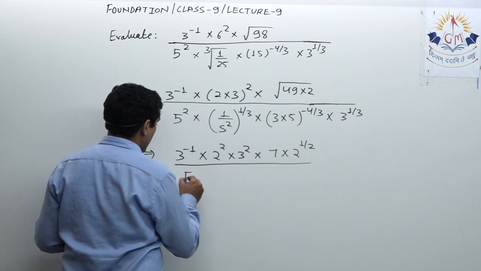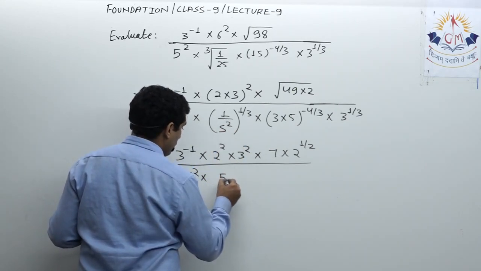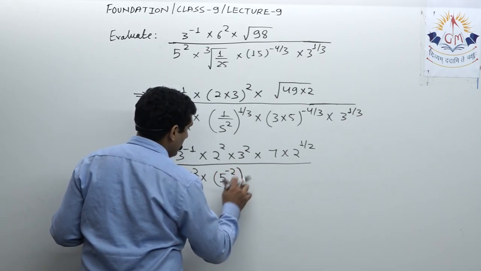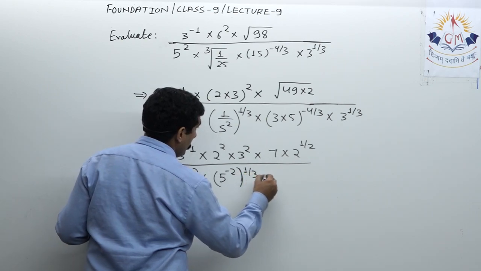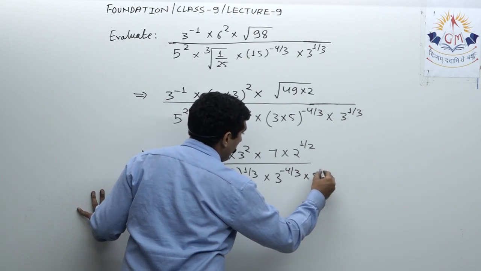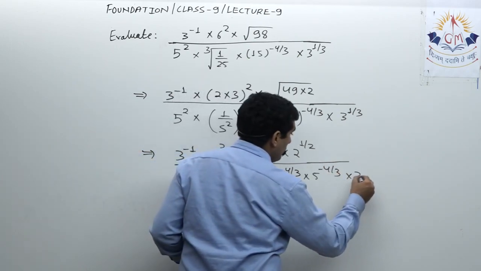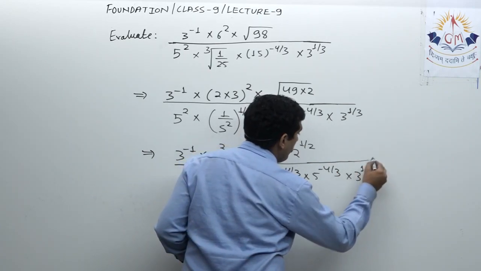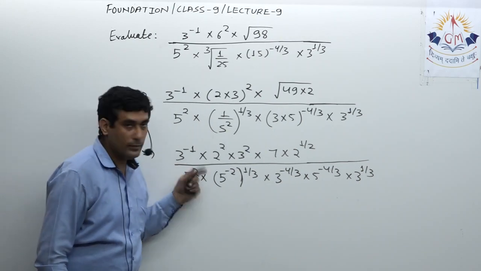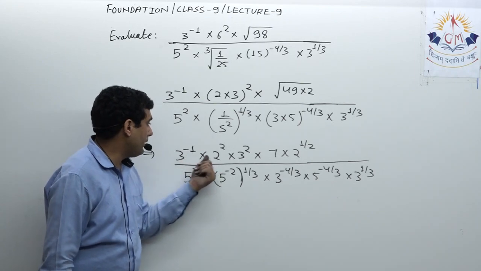So over here it is 5 square, this is 5 raised to minus 2, 5 raised to minus 2 raised to 1 by 3 into 3 raised to minus 4 by 3 into 5 raised to minus 4 by 3 into 3 raised to 1 by 3. So here almost all terms are in the form where the base is prime.